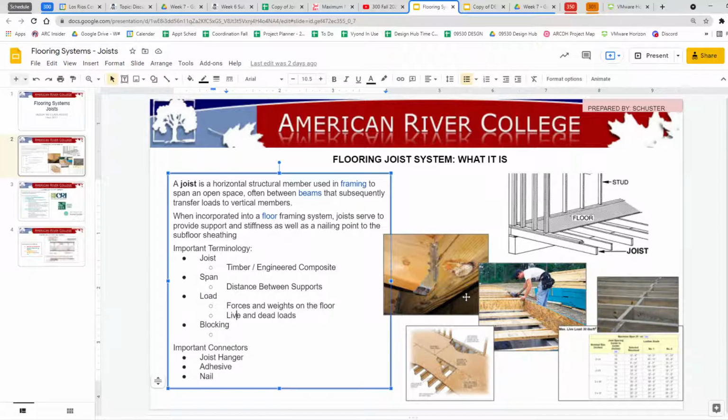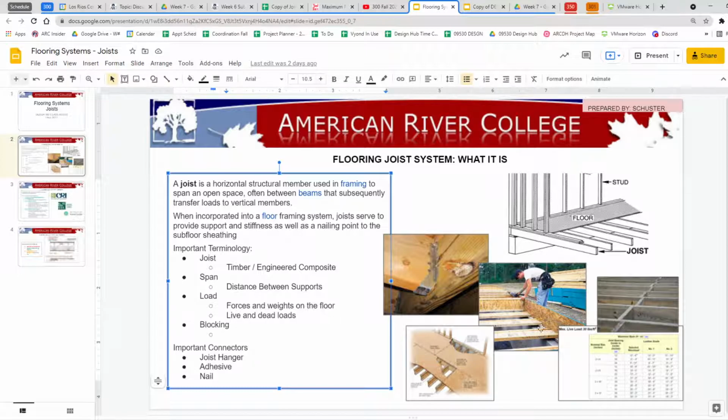Now, once you've got a span, you got to figure out what's going to support it. Like these ones are being supported on what's called the sill plate or the bottom plate. So there's a piece of wood on top of the concrete, and there's probably some sealant under it and vapor barrier and flashing and all sorts of stuff.